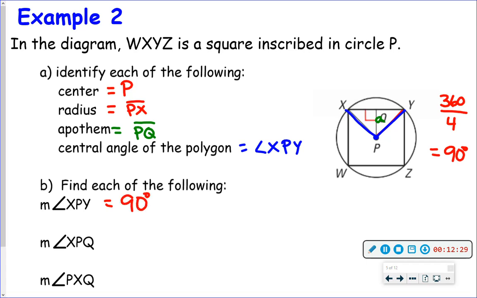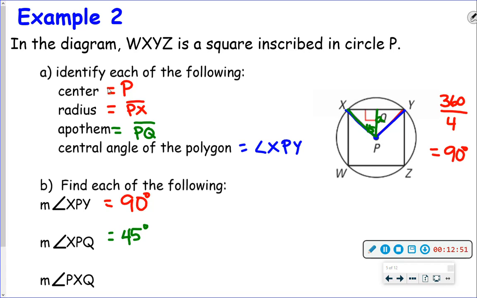Okay, next up. Measure of angle XPQ. Well, if the whole blue central angle was 90, how much is half of it? 45. So I just did that in my head. 45, half of it. Got it. Okay, final one.